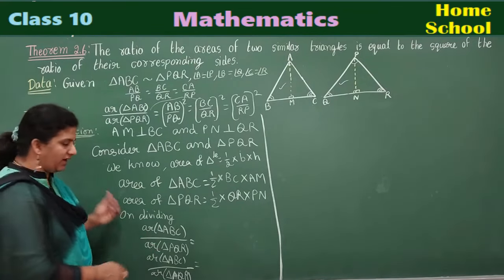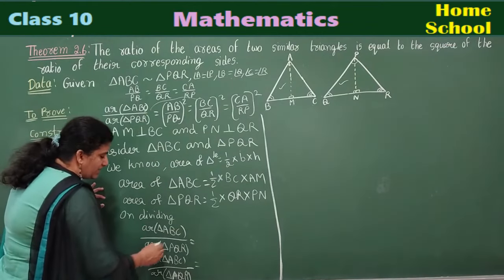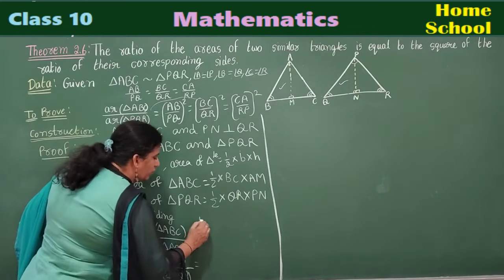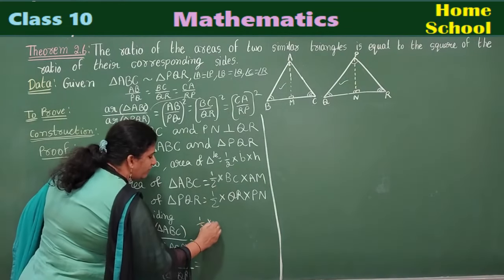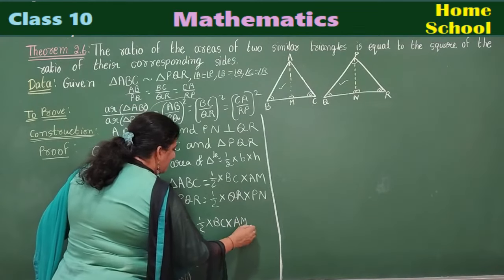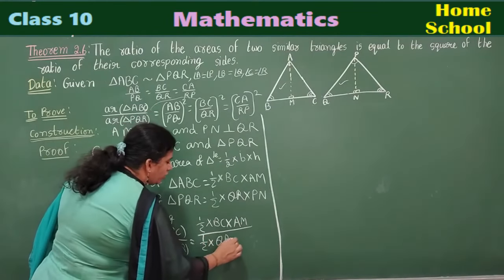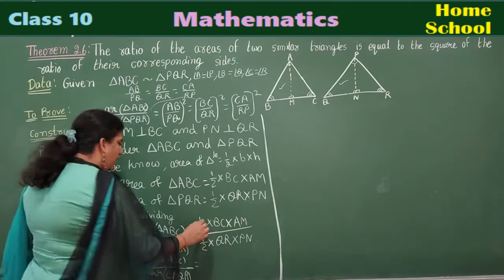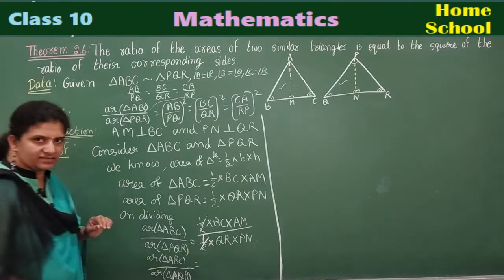So for that reason I am going to divide these two equations. If I divide area of triangle ABC by area of triangle PQR, it is equal to half into BC into AM by half into QR into PN. Half cancels.